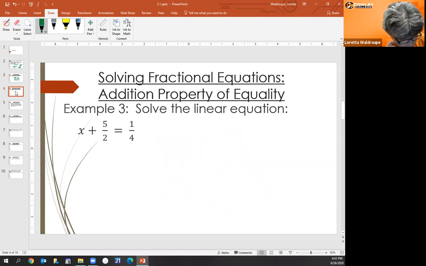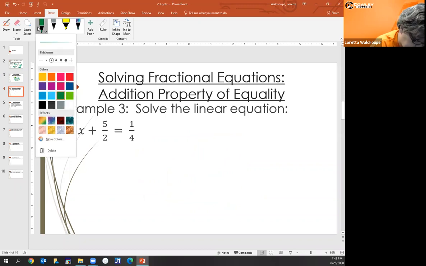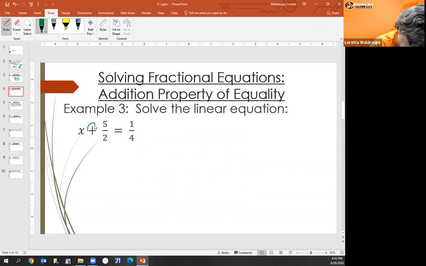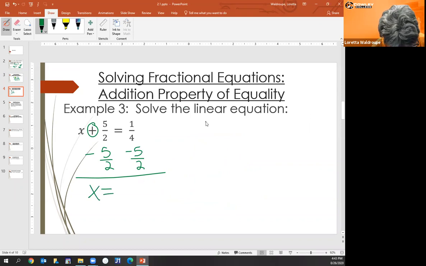Okay, x plus 5/2 equals 1/4. The 5/2 is added. Okay, so to move it to the other side, I subtract. Now I'm going to go over here to the side because I can't subtract 1/4 and 5/2 because they have different denominators.